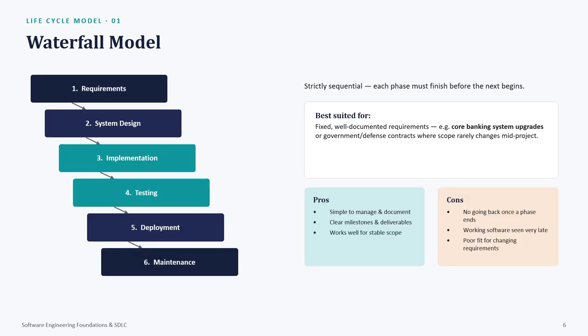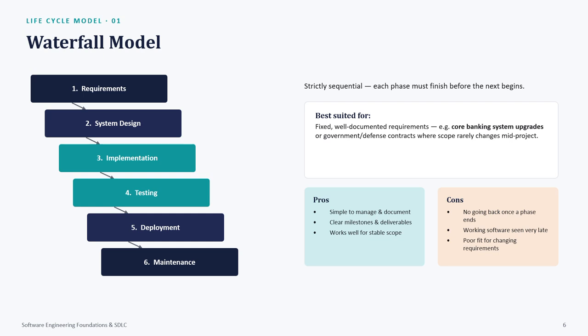Next is the waterfall model in this SDLC life cycle model. First one is requirements, second is system design, third is implementation, fourth is testing, fifth is deployment, sixth is maintenance. Strictly sequential, each phase must finish before the next begins.